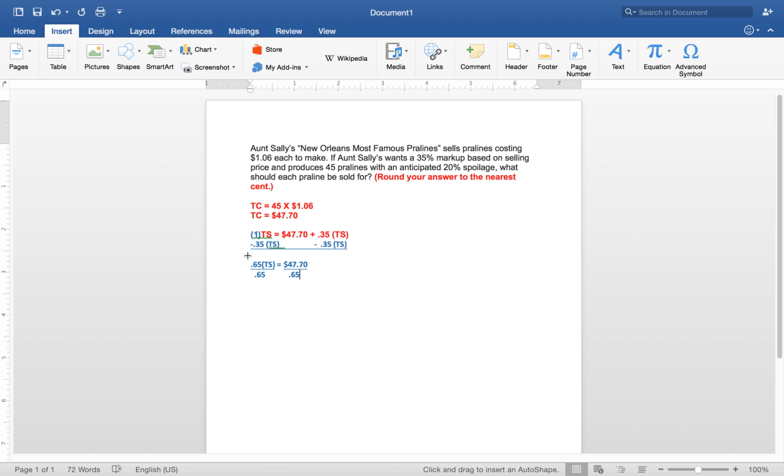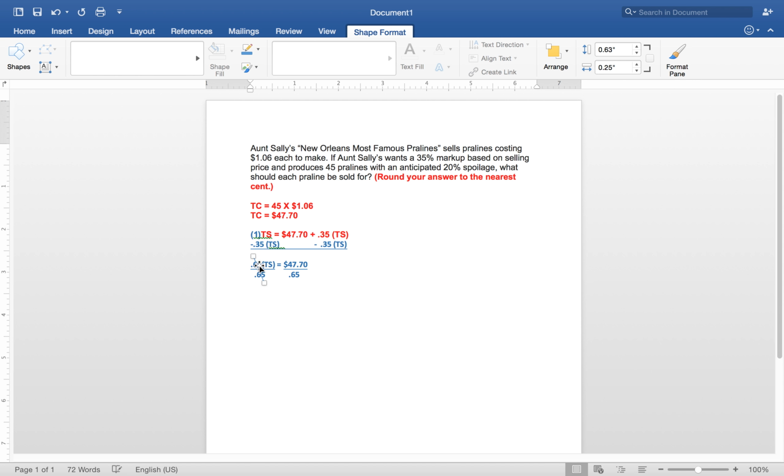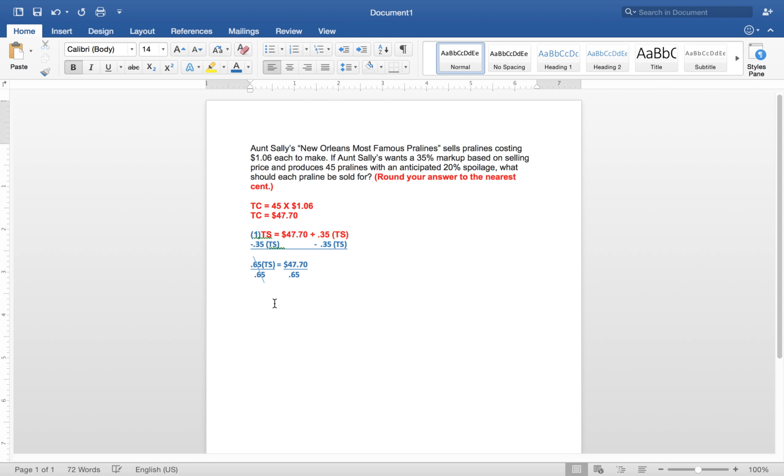We're dividing by 0.65 on the left side because we want to get TS by itself, and then we divide on the right as well. That means we're left with TS equals 47.70 divided by 0.65. So our total sales after we divide it out is 73.38.